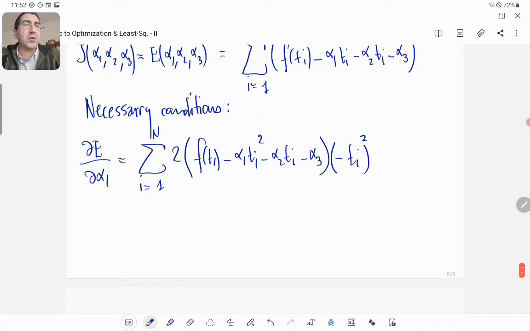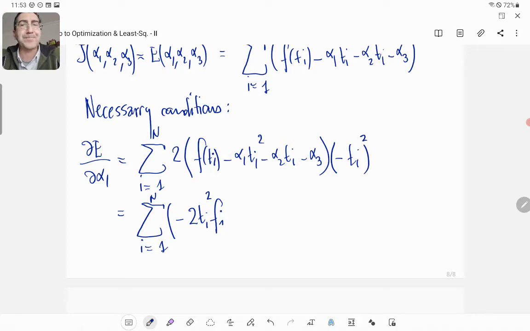Let's make the multiplication to try to simplify things a bit. So the sum for i equals 1 to n of minus 2 ti squared times f of ti, and f of ti is fi, so let's shortcut that.